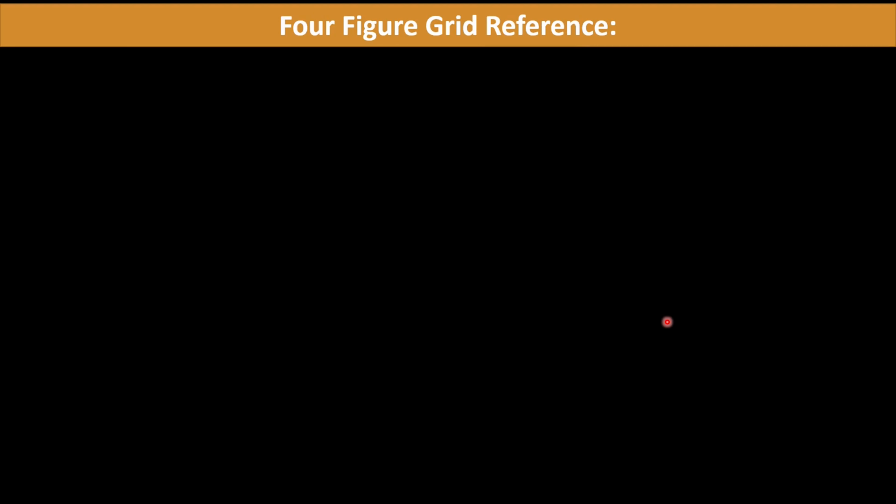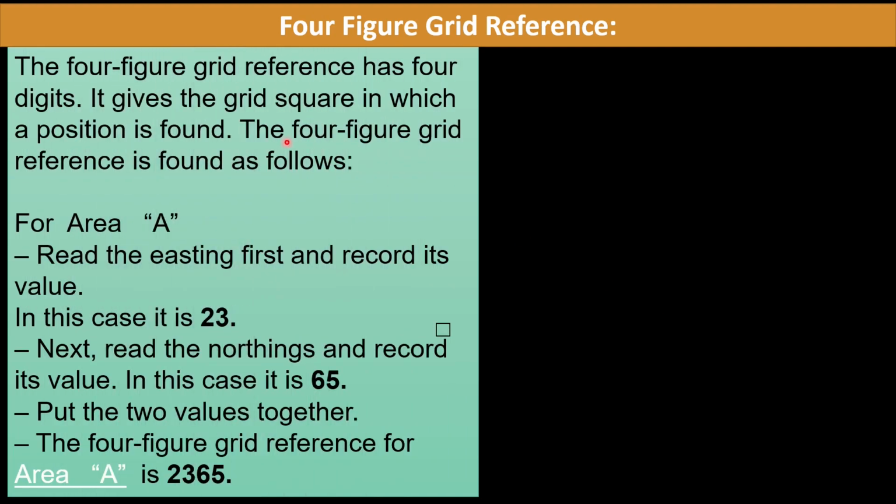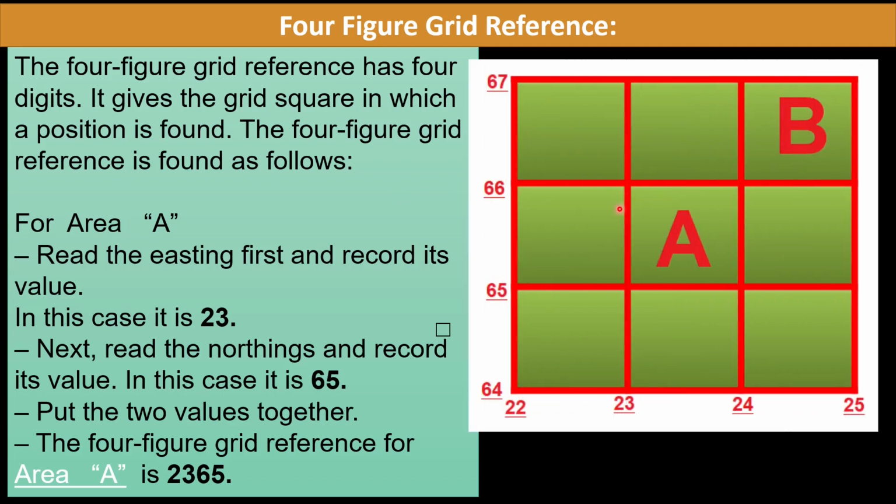4-figure grid reference. The 4-figure grid reference has 4 digits. It gives the grid square in which a position is found. It is found as follows. Suppose this area, we have to find out about area A. Read the eastings first and record its value.